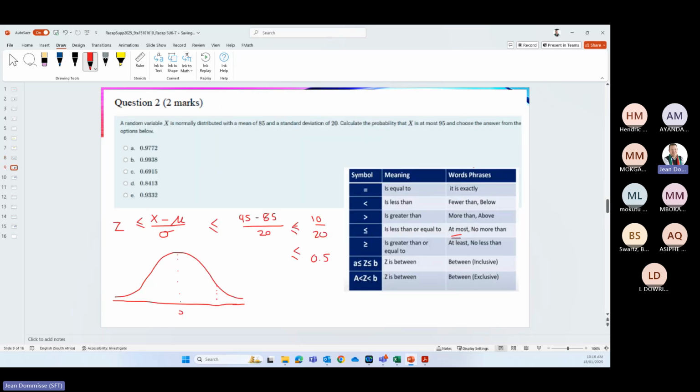So what's the probability that Z is smaller than 0.5? Smaller than 0.5 is that whole area.